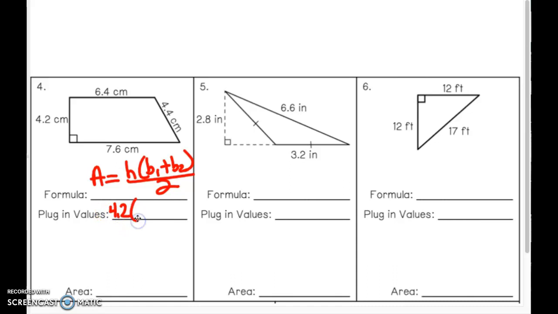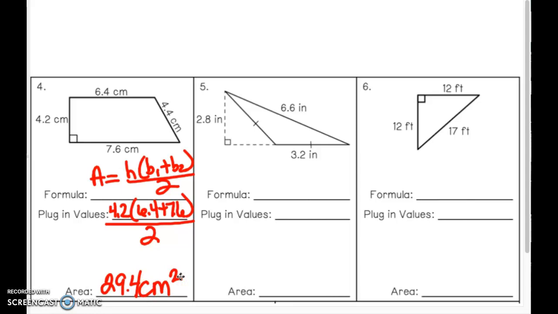So we have 4.2 times base 1 is 6.4, base 2, 7.6. Then we're going to divide the whole thing by 2. And 6.4 plus 7.6 times 4.2 divided by 2 is 29.4, and it is centimeters squared.